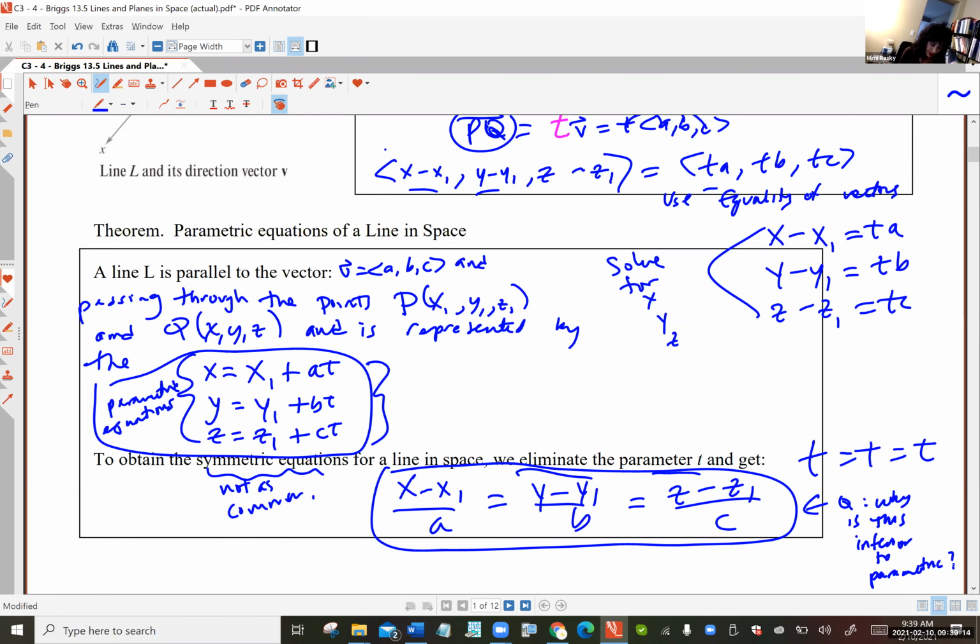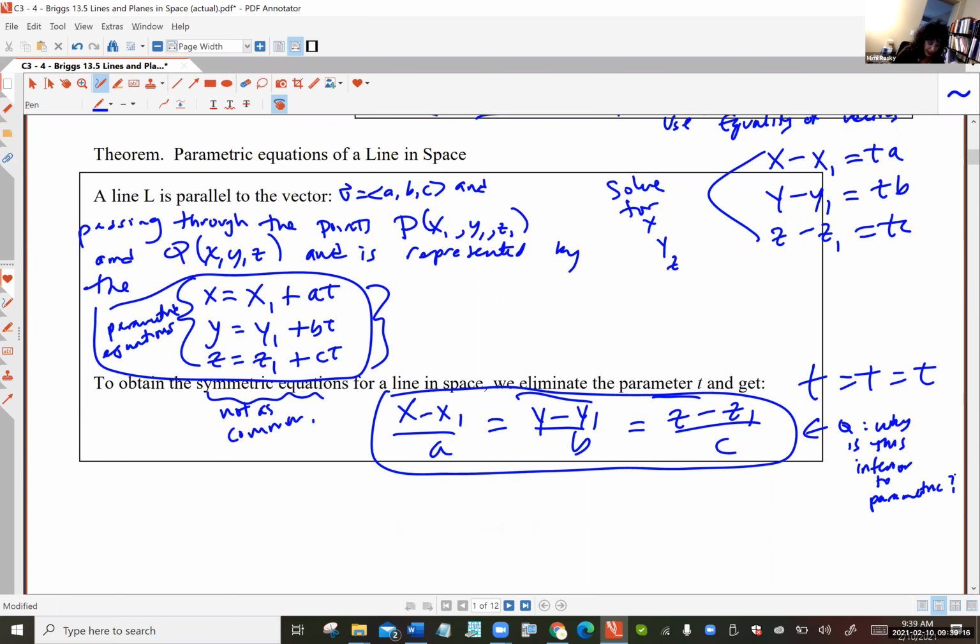So how come? Well, the answer is, what if a, b, or c were 0? Even if one of them were 0. You don't want all 3 to be 0, but what if a or b or c were equal to 0? Then you're not allowed to divide by 0 in mathematics. And so one of these expressions is going to be undefined, even though the line is definitely defined.